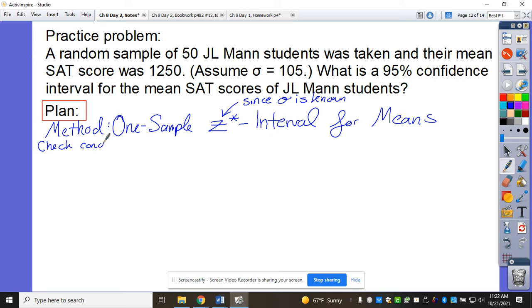Alright, now I need to check my conditions. What's my first condition? I want to do this one right now because I think you don't know what to expect to do here. Where does it tell me random in the problem?